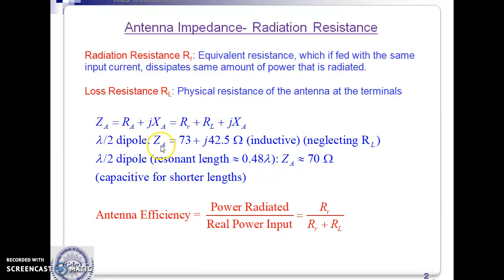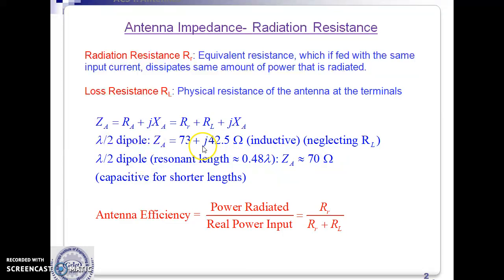For example, if the dipole is exactly half-wavelength long, then typically the resistance would be about 73 ohms, assuming it has no loss, and it has an inductive reactance of about 42.5 ohms.